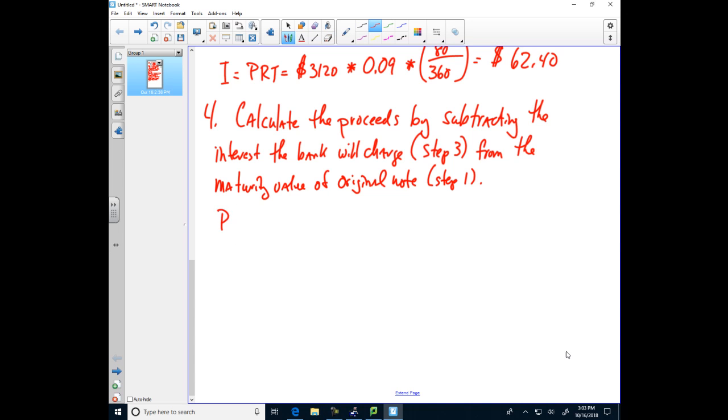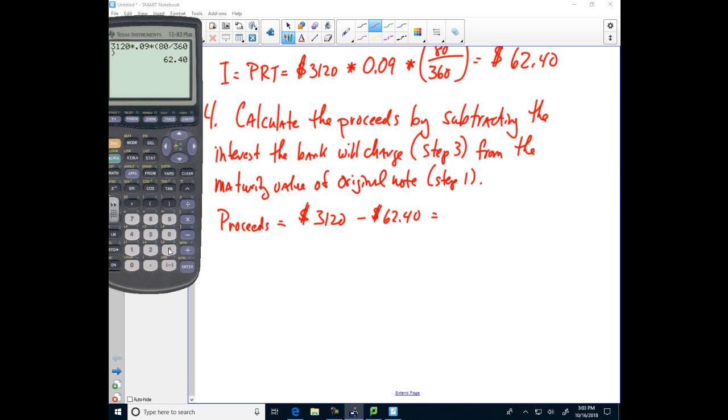Proceeds equals 3120 minus 6240 equals, calculator, 3120 minus 6240. Press enter. What'd y'all get? $3,057.60. Let me copy this over here.